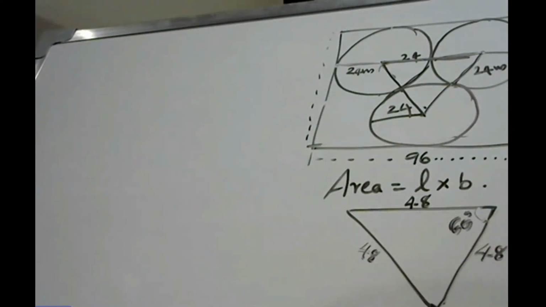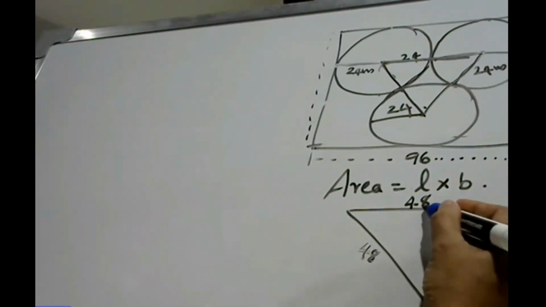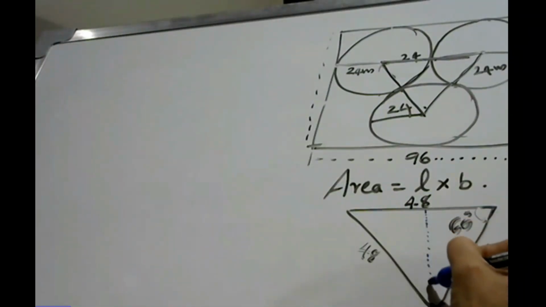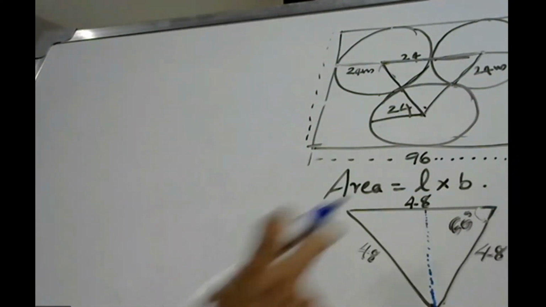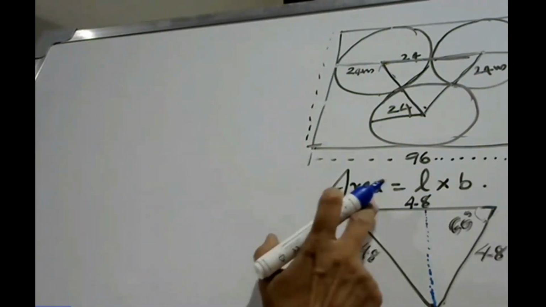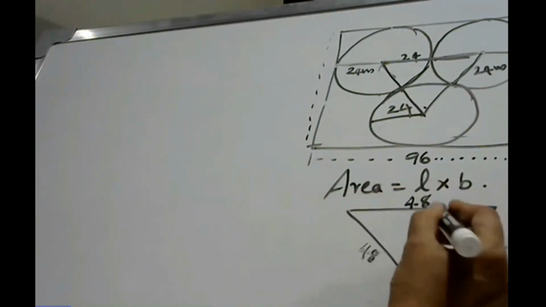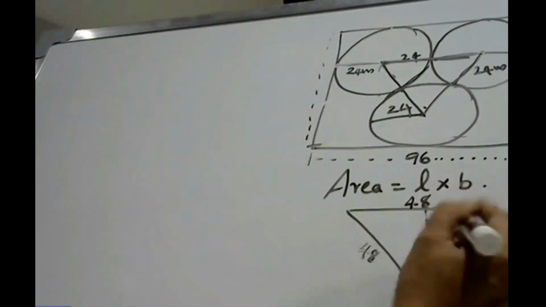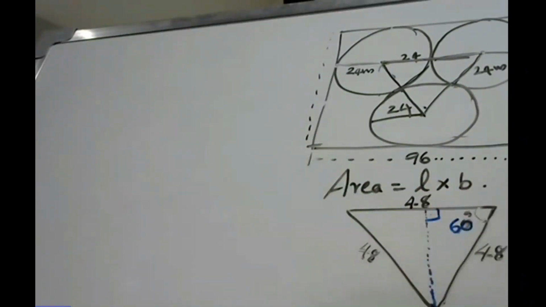Now what I am going to do is make a perpendicular bisector from one side to the opposite angle. Since this is an equilateral triangle, it bisects the side and that angle will be 90 degrees. So this angle is 90 degrees. This we got as 60 degrees using the property of the equilateral triangle.